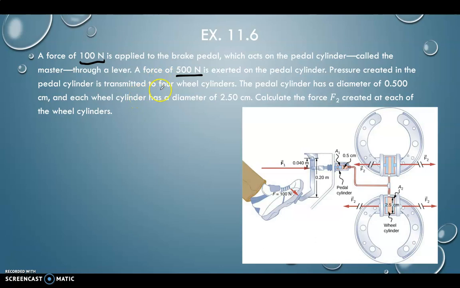Okay, the pedal cylinder has a diameter of 0.5 centimeters, and each wheel cylinder has a diameter of 2.5 centimeters. So we want to calculate the force F2 that's created at each of the wheel cylinders.